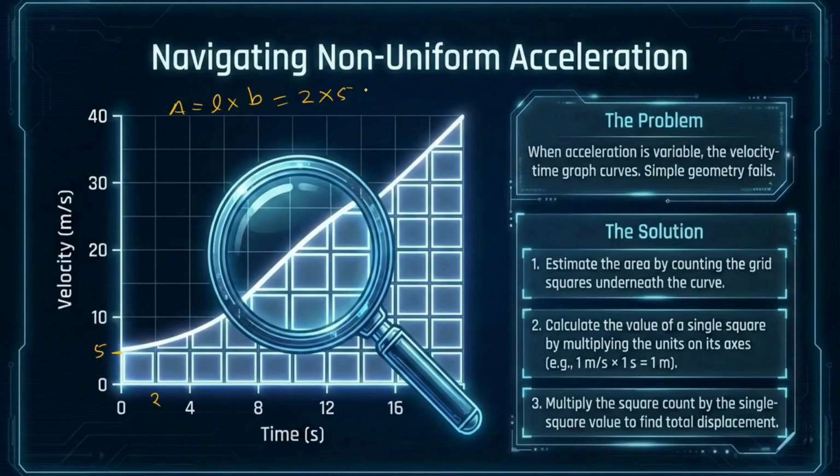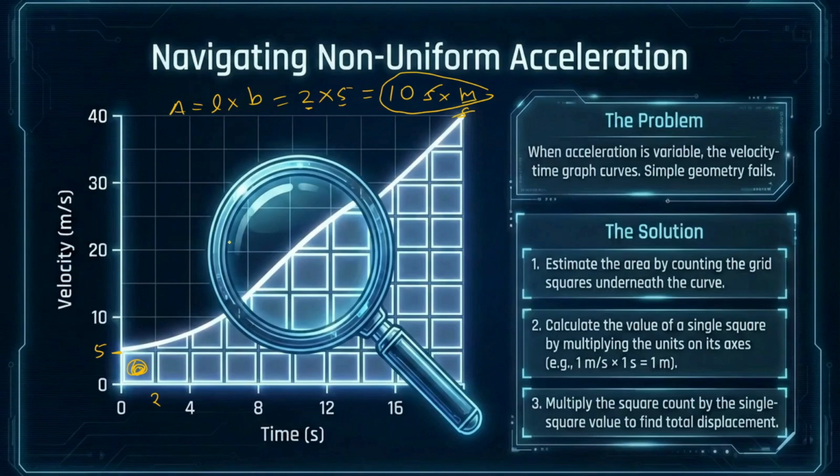So it is 5 over here, and that gives you 10. Now 2 is in seconds and the 5 is in meters per second, so it will give you 10 meters. Okay, this is for the one box only, not the entire area.